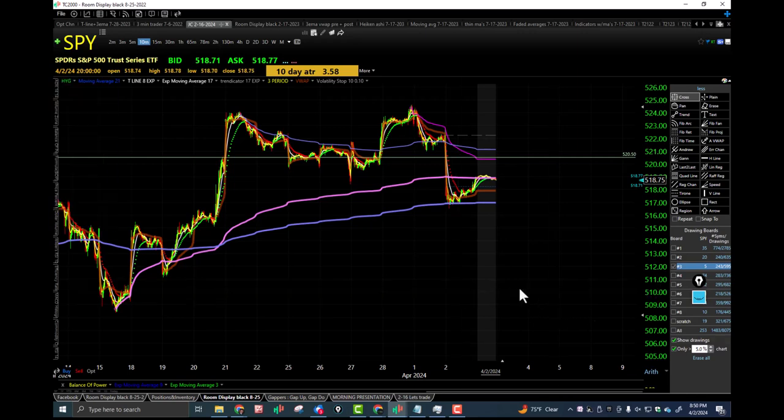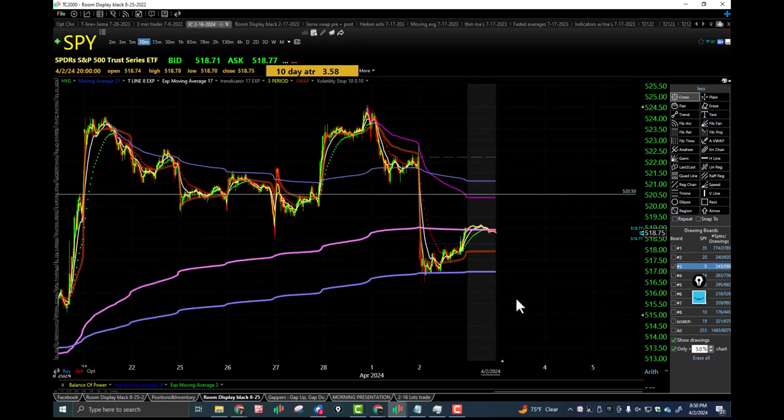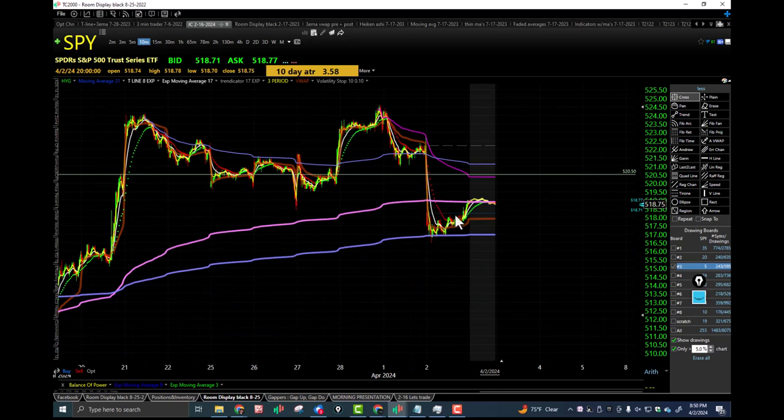I'm sure that it does distort some of the price action, sending it to extremes, because it's 3x. But all in all, as long as it continues to make higher lows and higher highs, that's what I'm looking for, for the most part, Matt. Whether it's 3x or 1x, it's still going to present a higher high or a higher low.